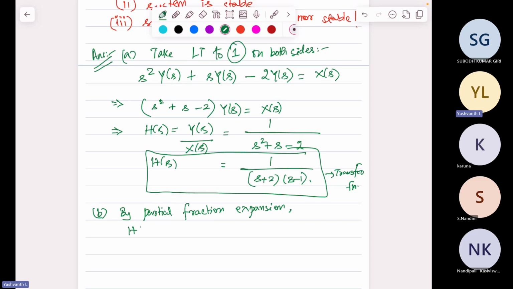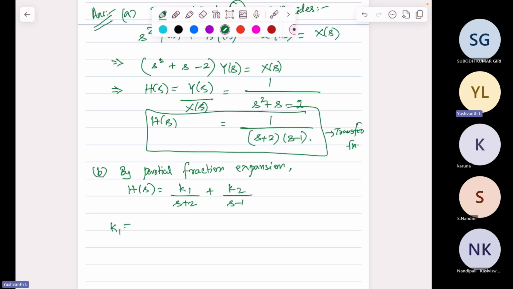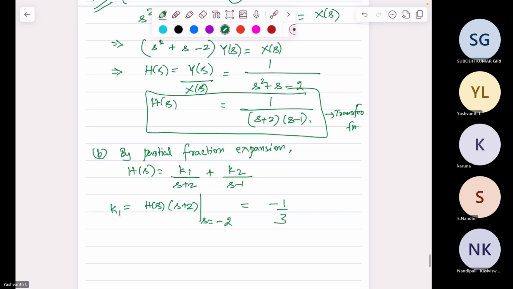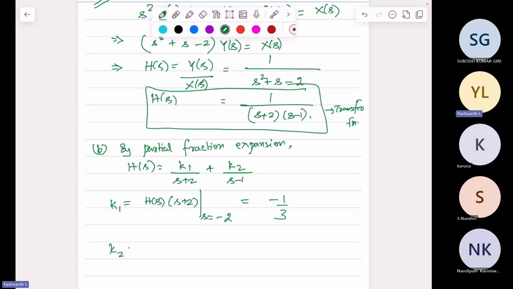You can write H of s as k1 by s plus 2 plus k2 by s minus 1, where k1 equals H of s into (s plus 2) at s equal to minus 2. You can show that this comes out to be minus 1 by 3, and k2 equals H of s into (s minus 1) at s equal to 1, which comes out to be 1 by 3.